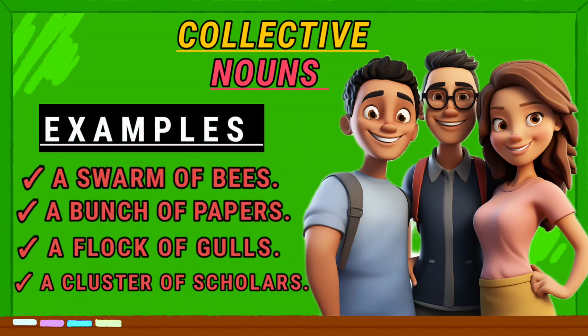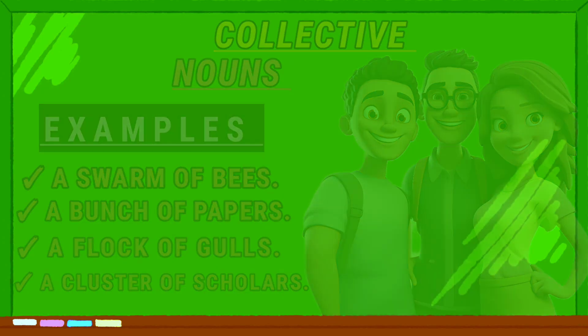For example, if I say here a swarm of bees, it means that it's talking about an assemblage of bees, a group of bees, not any individual bee. If I see here another example, a cluster of scholars, which indicates the same meaning as a collective noun.